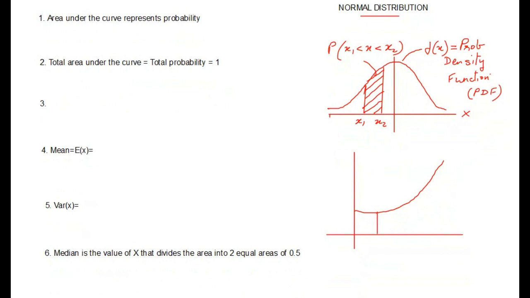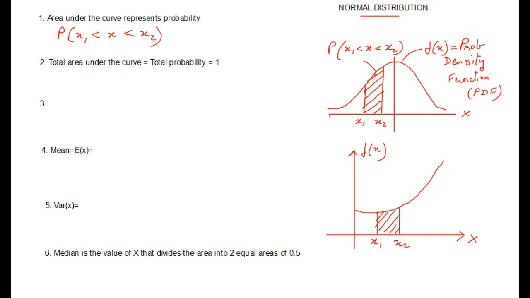So I'm just drawing that on this curve. So let's say we want to find this probability, which is the probability that x lies between x1 and x2. So the probability of x between x1 and x2 can be found using integration.